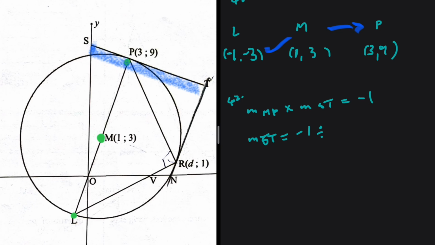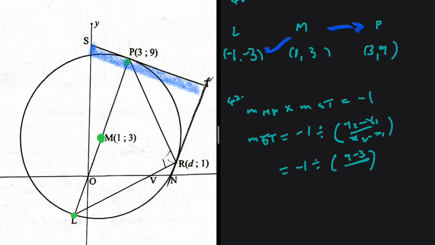But then what is the gradient of MP? The gradient of MP is y2 minus y1 divided by x2 minus x1, right? Let's take P as our second point. If we do that, y2 minus y1 is going to be 9 minus 3, right?